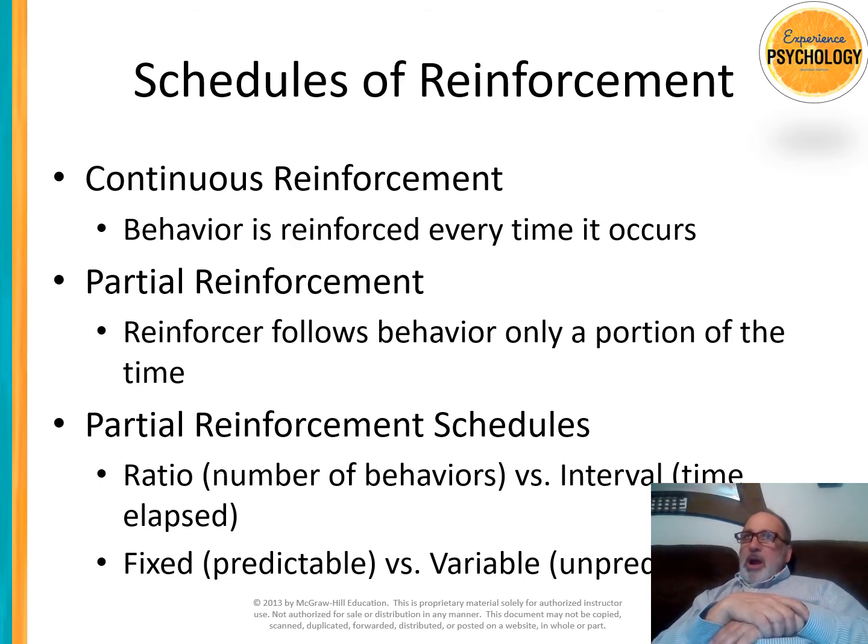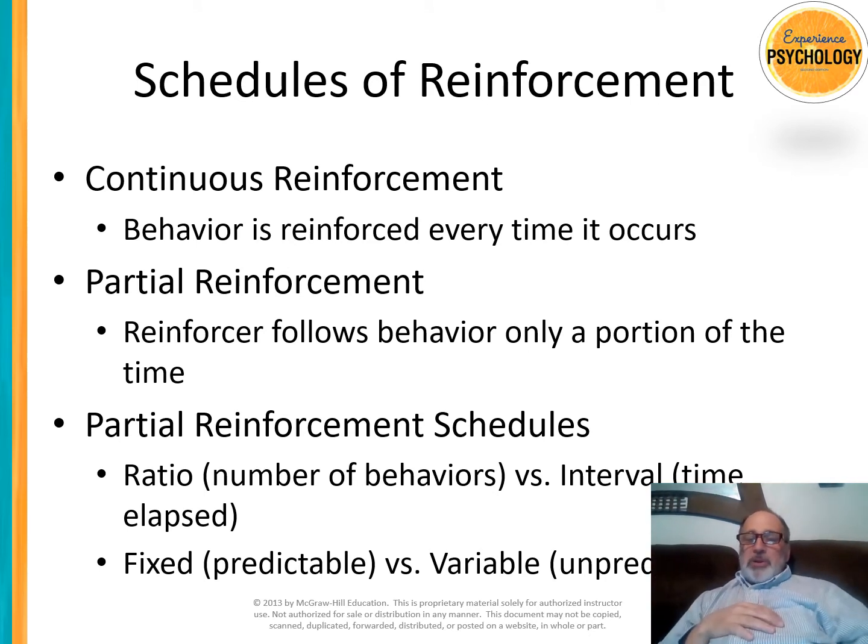And so I take my dog, I take a piece of food, I push it down, I say sit, and every time that I say sit and the dog does it, 100% of the time, continuous reinforcement, I do it every time. That is continuous reinforcement, 100% reinforcement. When you're trying to train an animal or a person to do something, continuous reinforcement in the learning phase, during acquisition, is the best way to do it.